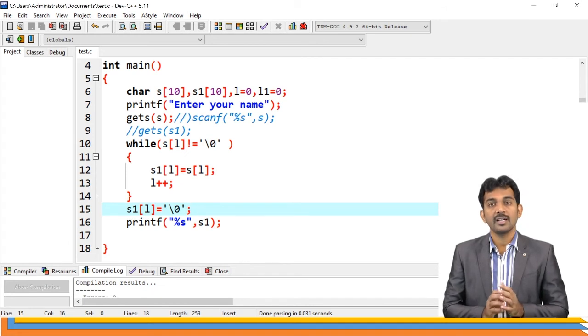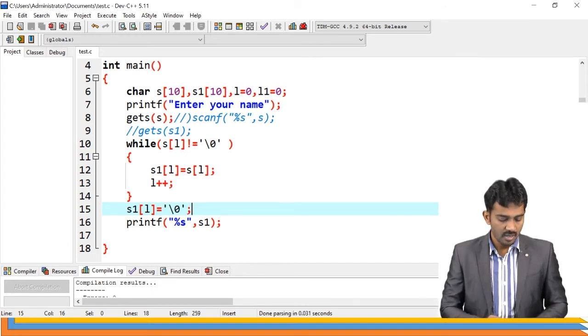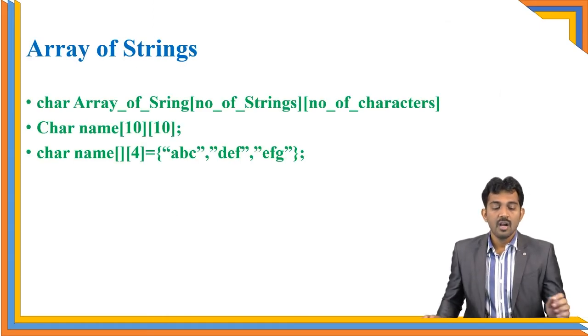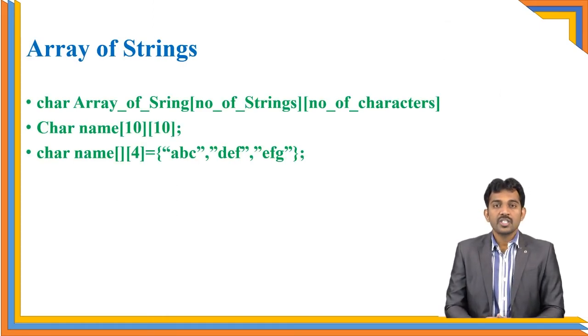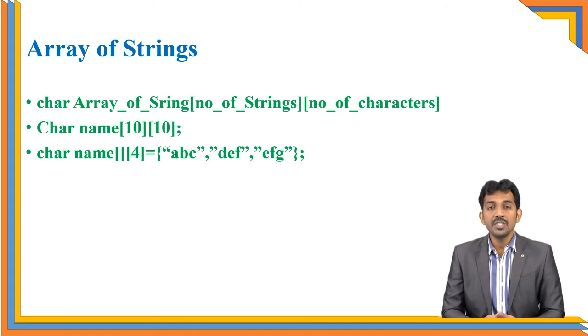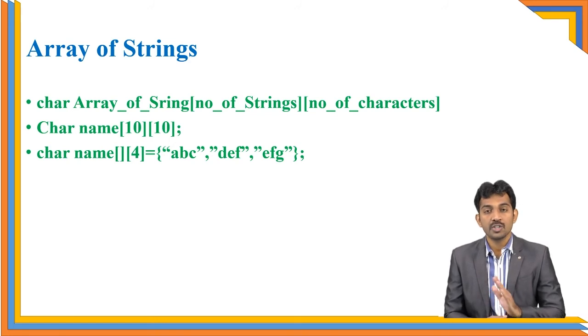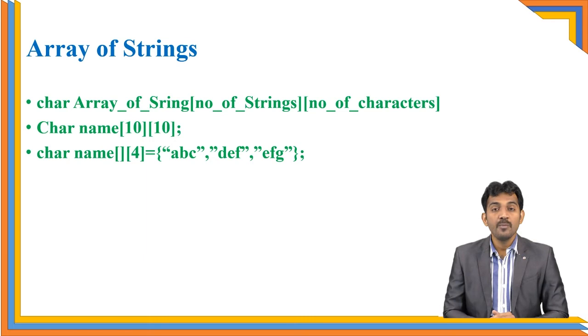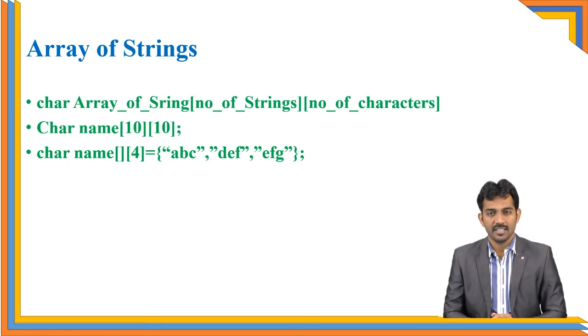Okay, you can try the concatenation from your end. Is this clear? And next thing, array of strings. For example, I need to store an array of names. For example, 10 students are there, and I want to store the 10 students' names. Up to now, we are storing only a single name, right? If you want to store all 100 students' names, what should you do? Again, we should opt for two-dimensional arrays here.